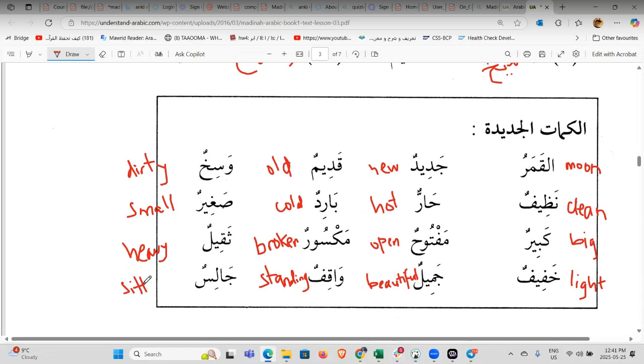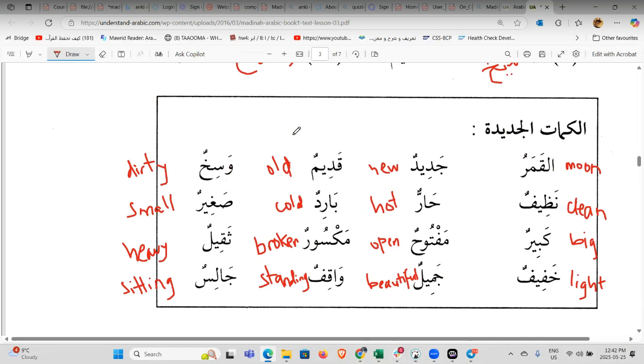Now, one word about qadim. What I said earlier is not completely accurate, that we don't use it for people. We do. But it's a subtlety in meaning that is hard for me to explain. Just take it as old.